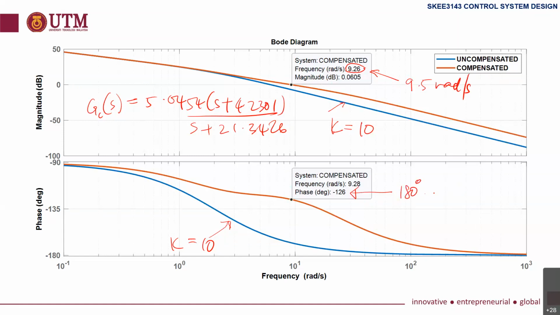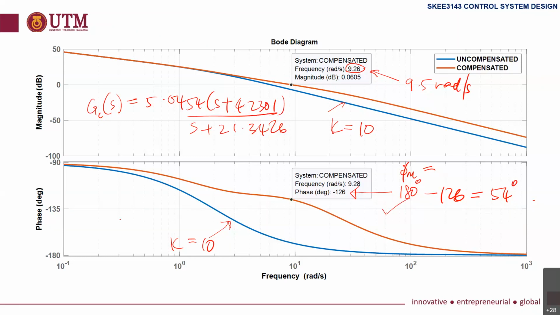If we check the phase margin, it is 54 degrees. We want 50 degrees, so it's about the one that we obtained. Again, the value that I obtained is not that accurate here. So that means we can achieve our desired phase margin of about 50 degrees.